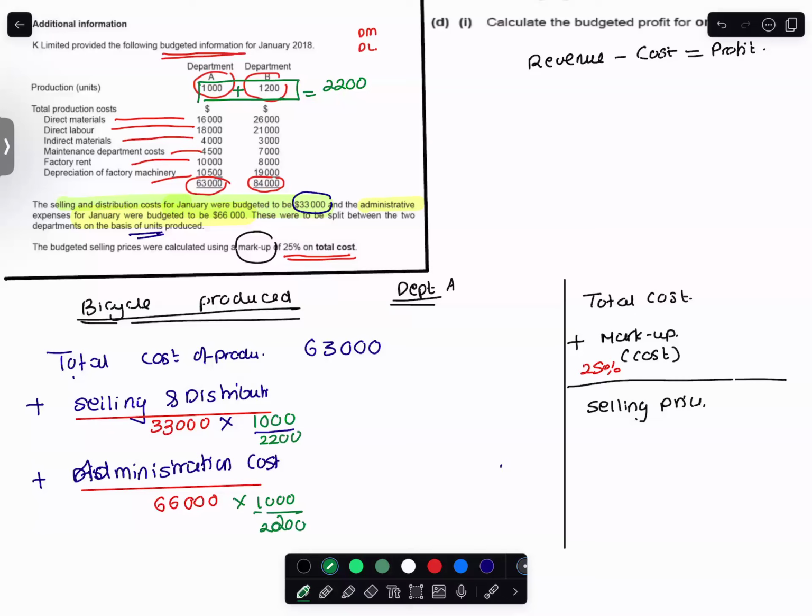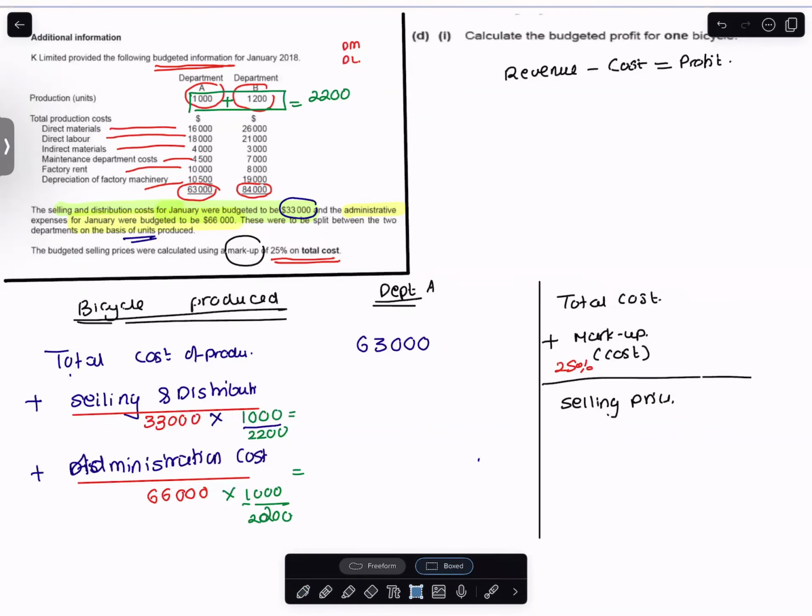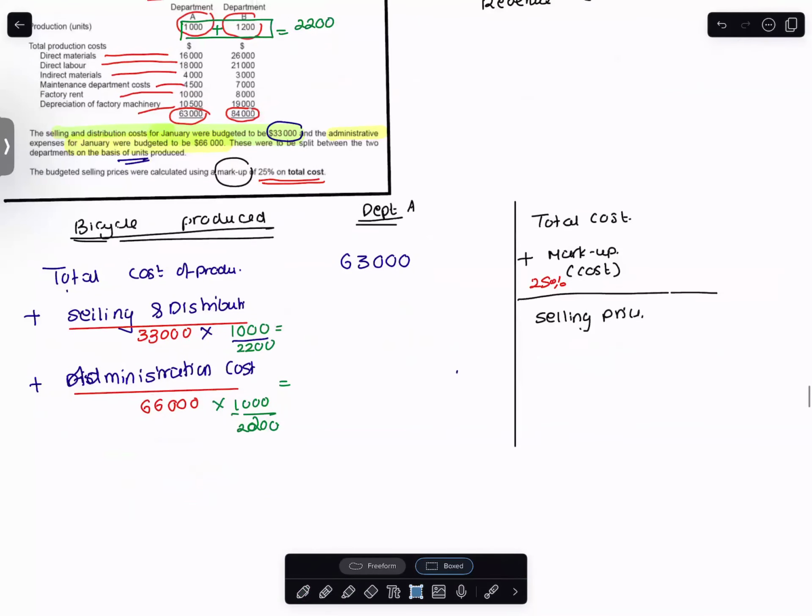What is the proportion of selling and distribution that would go to department A? 33,000 into 1,000 divided by 2,200. 15,000. And over here, 30,000.